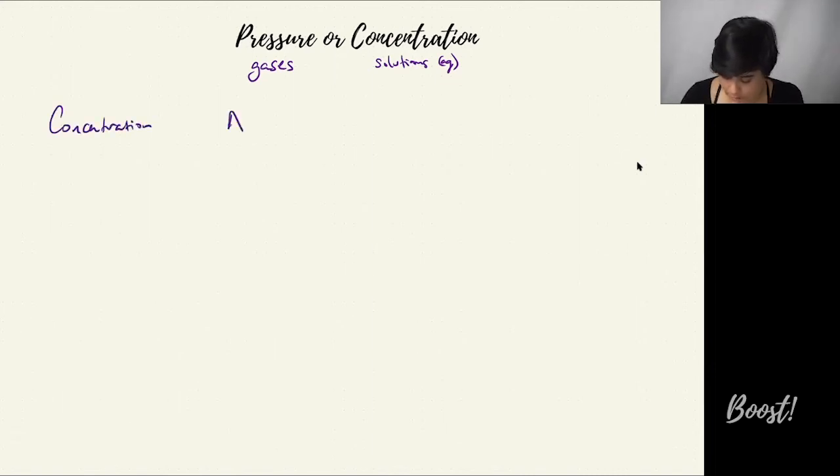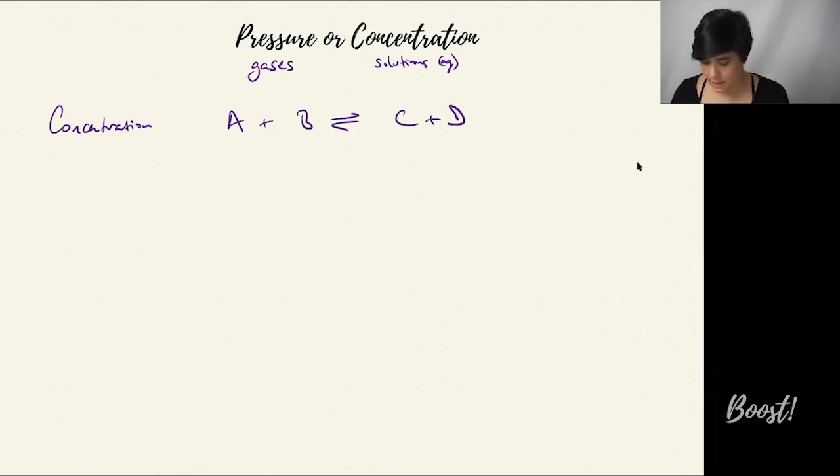We'll just go back to the A plus B goes to C plus D situation. If we increase the concentration of A, one of the reactants, then Le Chatelier's principle states that the equilibrium will shift to counteract that change.